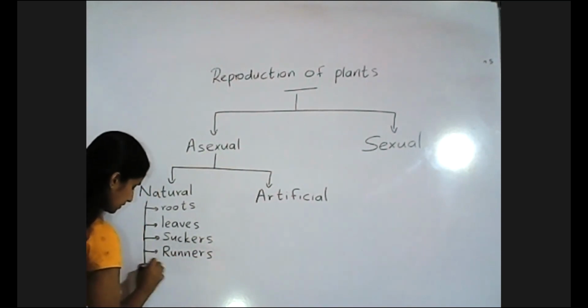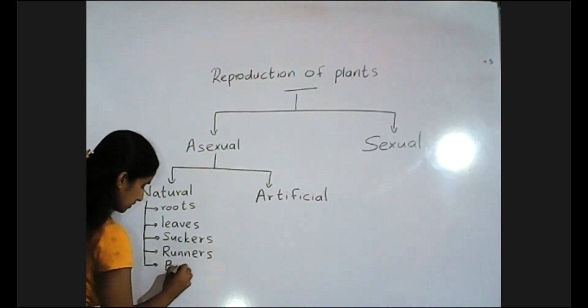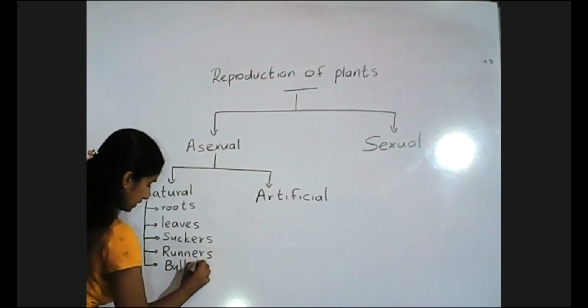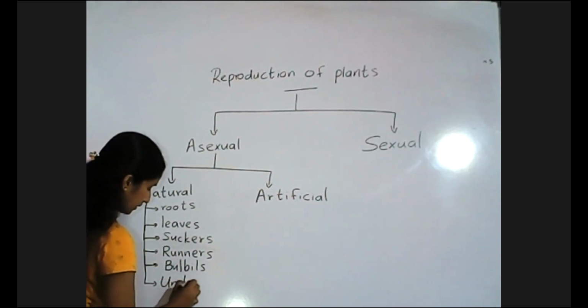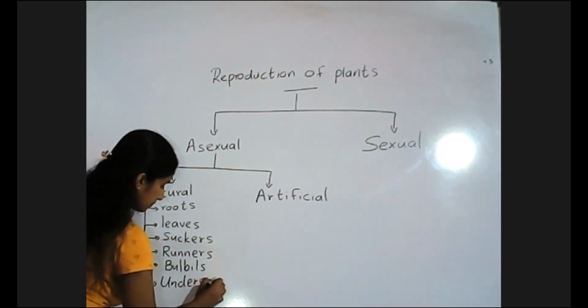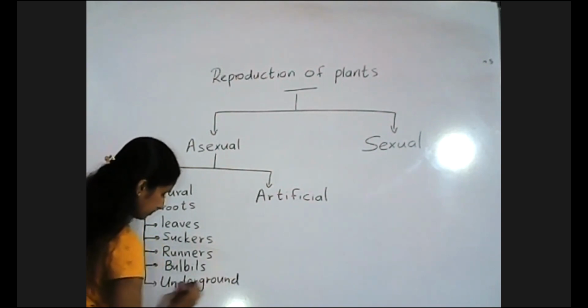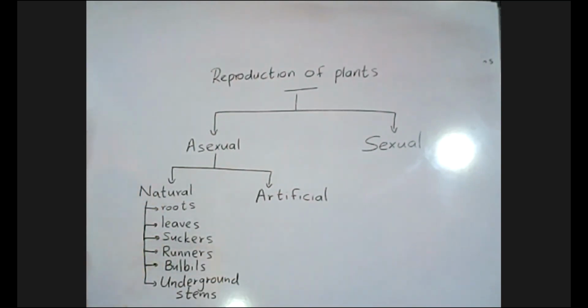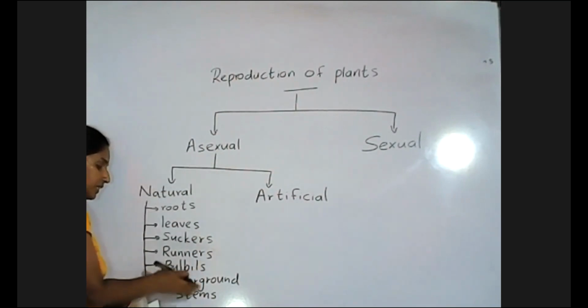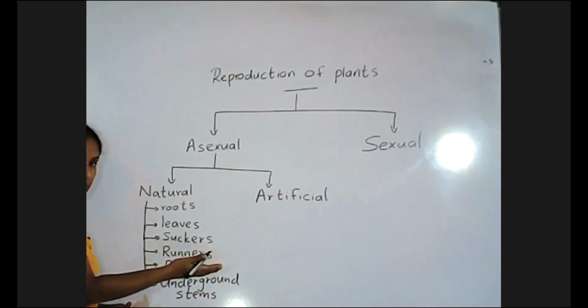Then by bulbils, and by underground stems. Those are the natural asexual methods that plants use to make their next generation.